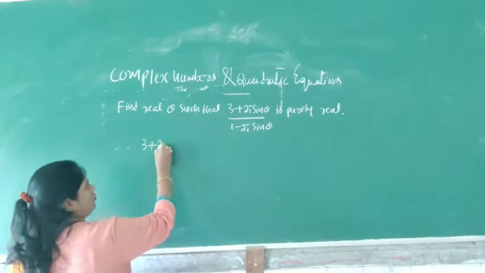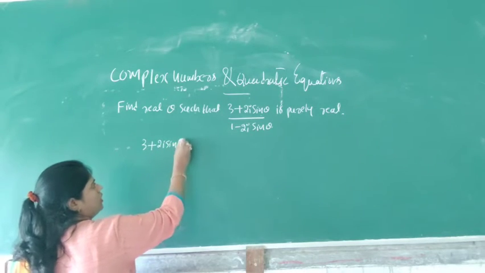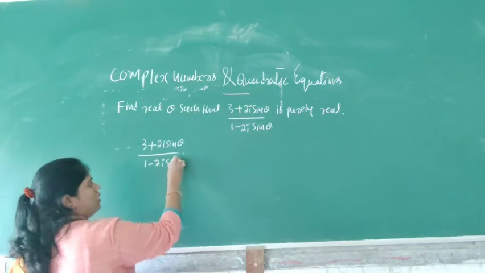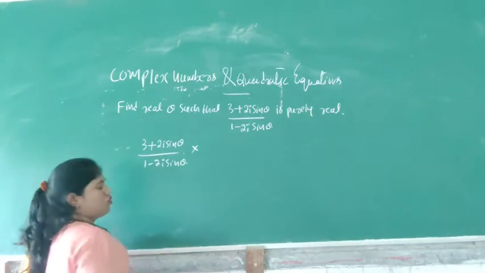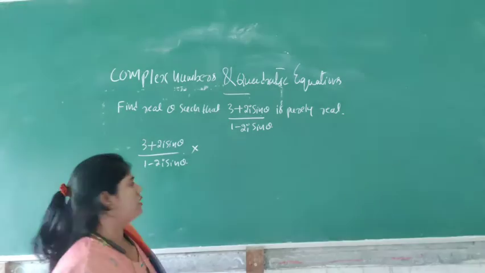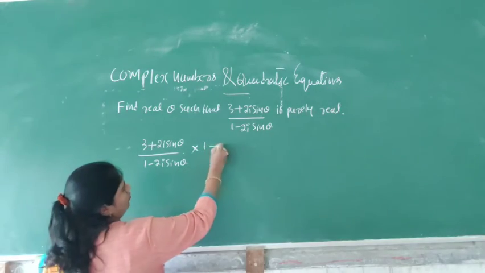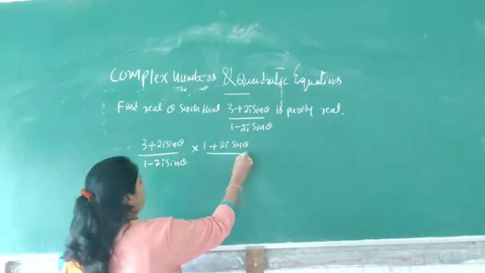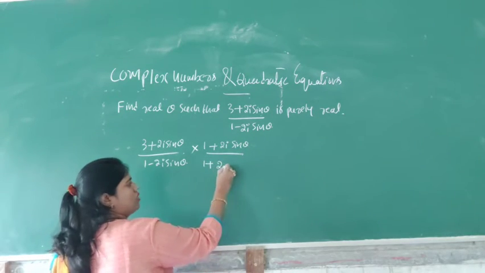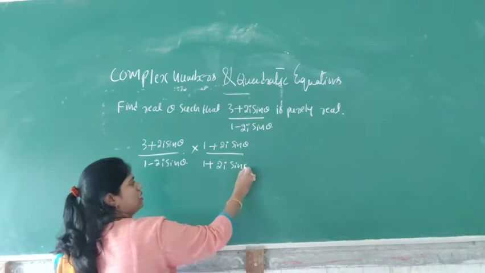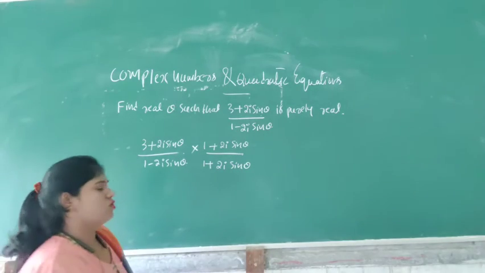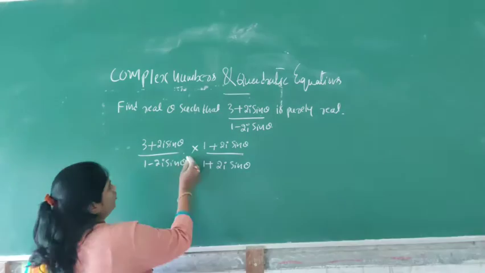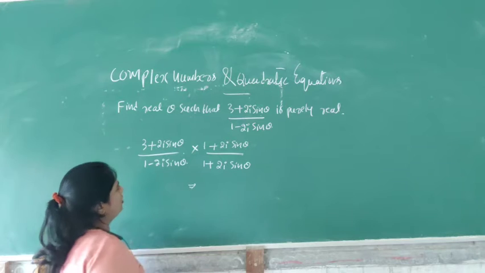3 plus 2i sin theta divided by 1 minus 2i sin theta. So rationalizing the denominator, how will it be? 1 plus 2i sin theta divided by 1 plus 2i sin theta. Okay. So we are rationalizing the denominator. So multiply numerator to numerator.